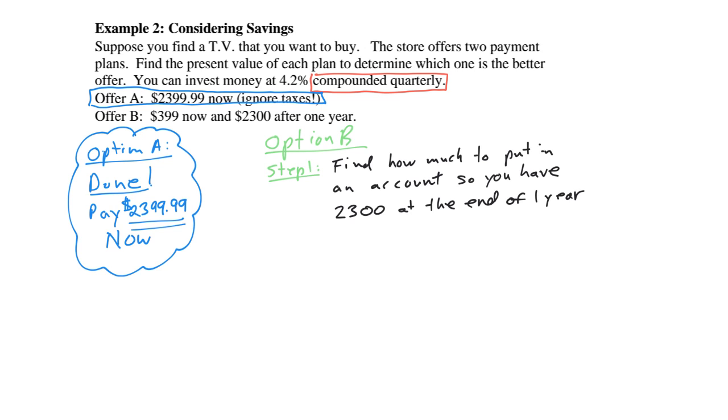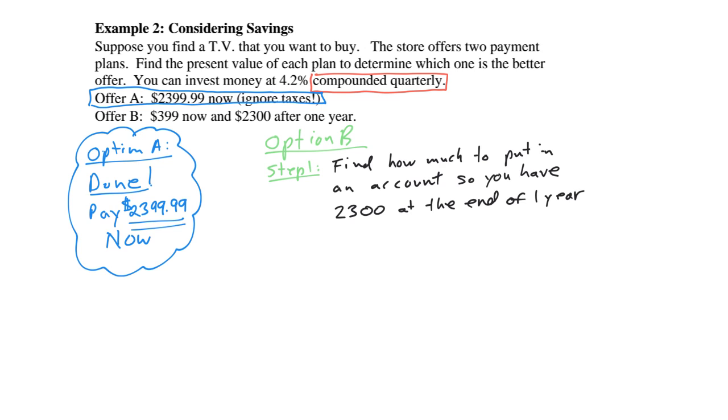So for option B, step 1, we're literally going to have to find out how much we have to put in an account. So we have $2,300 at the end of 1 year with 4.2% compounded quarterly.